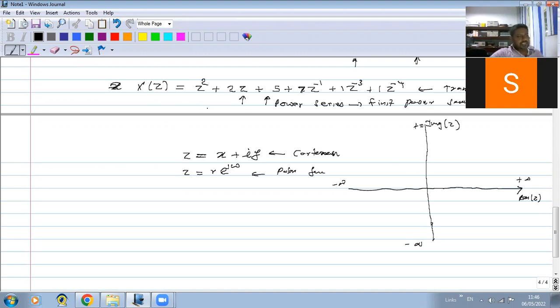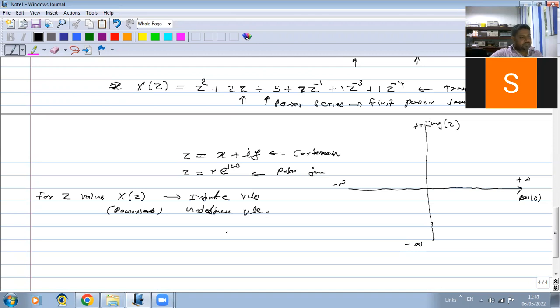For some z values, this X(z), the z transform, or this power series, will get an infinite value, or sometimes a value we can't define, an undefined value.